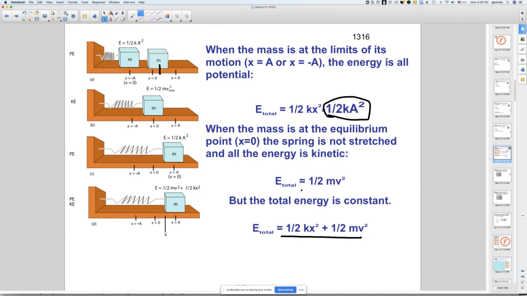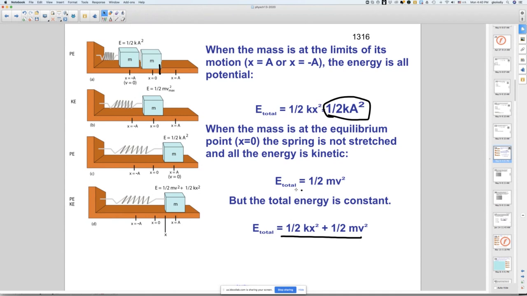As the object goes to the center, where x equals 0, it has no potential energy. It has lost all its potential energy, but it has gained kinetic energy. It starts off with 0 velocity at the end, loses potential energy, gains kinetic energy, and when x equals 0, all the energy is kinetic.